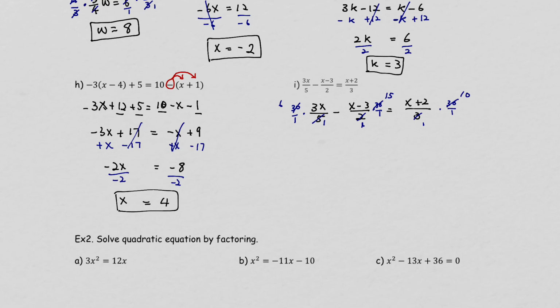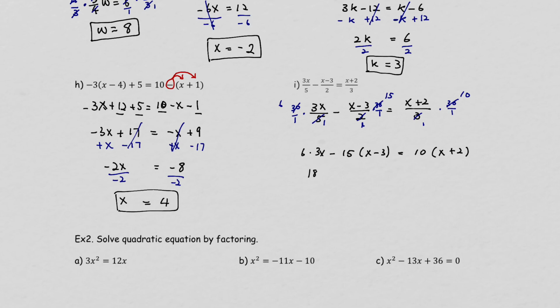So if I write down what I have so far, it is 6 times 3x minus 15 times x minus 3, and then 10 times x plus 2 is what remains. So this is no different than this problem now, right? So what do we do? Distribute to open the parenthesis.